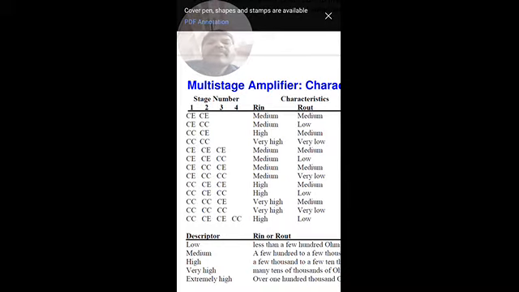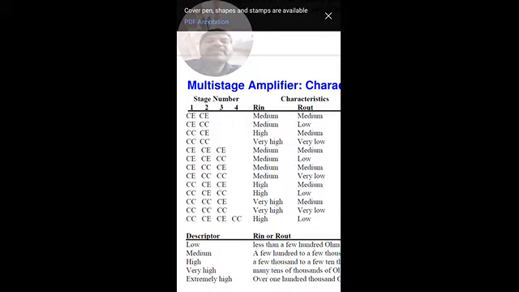We'll use different amplifier configurations in different stages of the multi-stage amplifier, and we're going to see the input impedance, output impedance and voltage gain of the multi-stage amplifier according to the configurations in different stages. So let us first start with the two-stage amplifier.